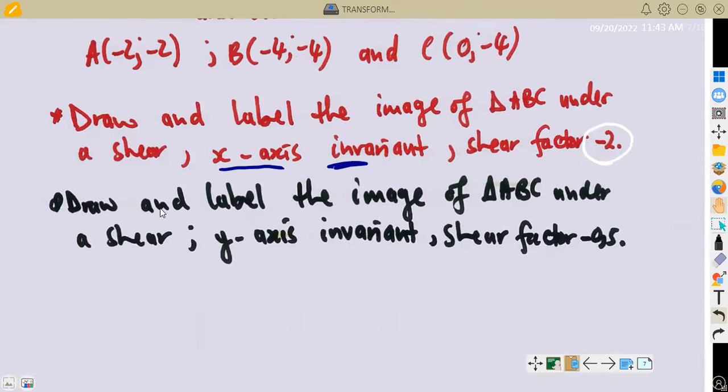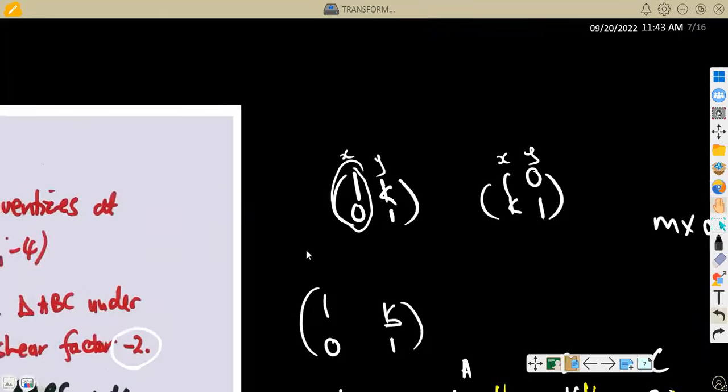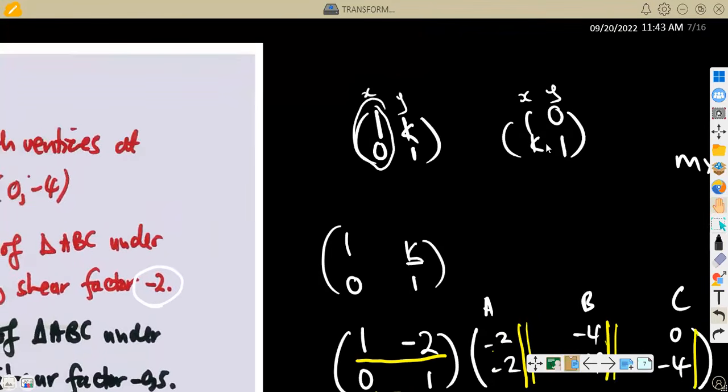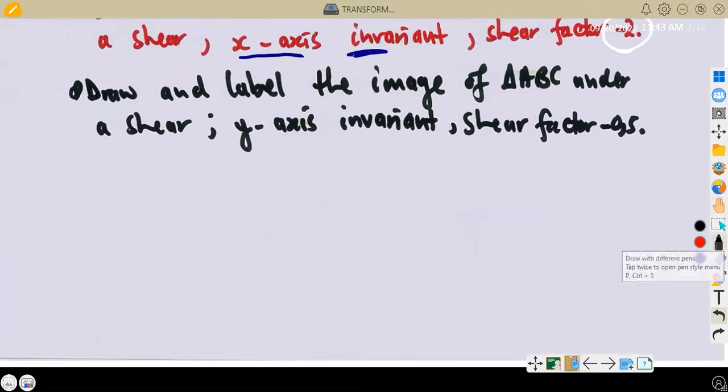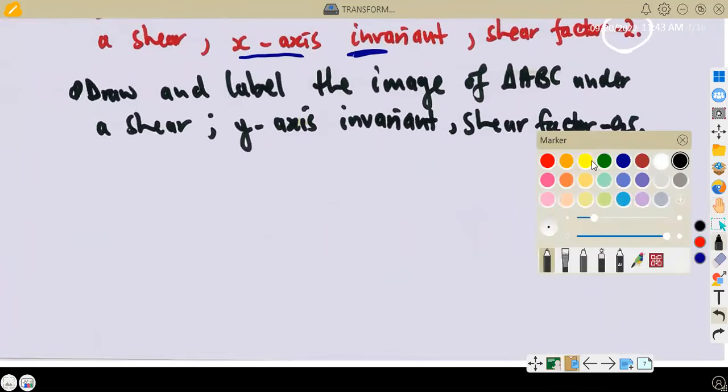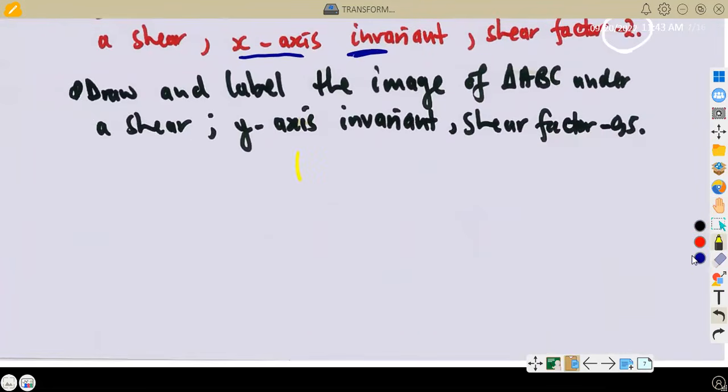All right, then the other one: draw and label the image of ABC under a shear. This time it's a y-axis invariant shear, factor -0,5. We said when it is y-axis invariant, you are supposed to use this matrix, 1 k 0 1. So it's going to be like this: 1 k 0 1.